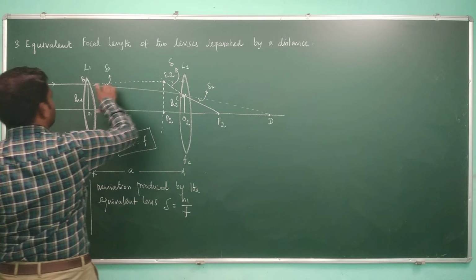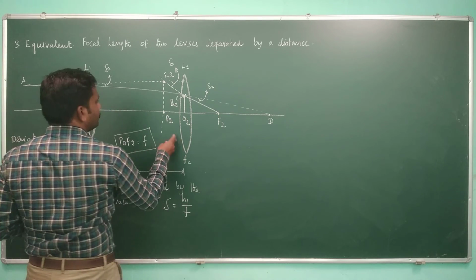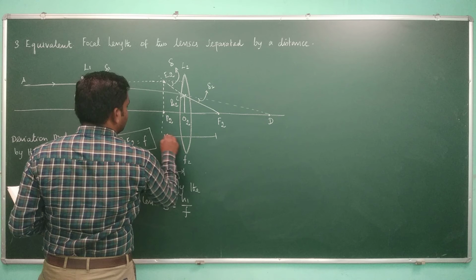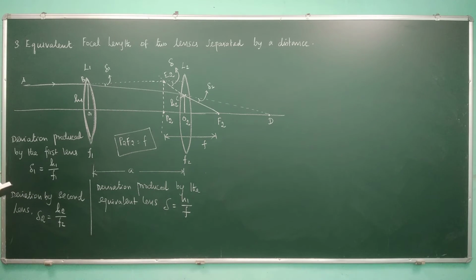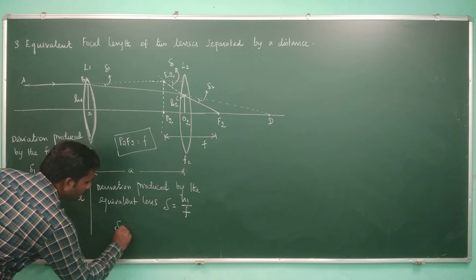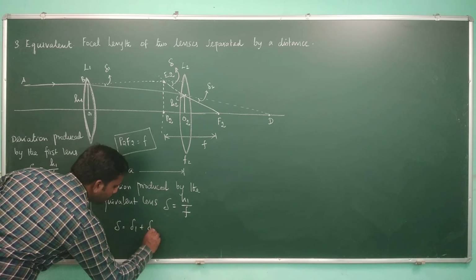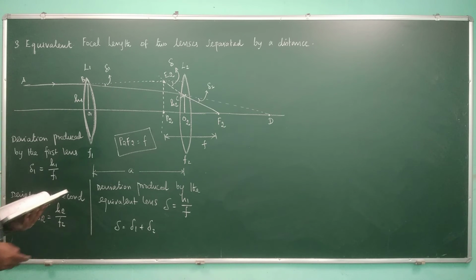This height is equal to h1, and this distance is defined as f, so we can write delta is equal to h1 by f. Okay, fine. But this delta is nothing but delta 1 plus delta 2, that is this angle of deviation and this angle of deviation.